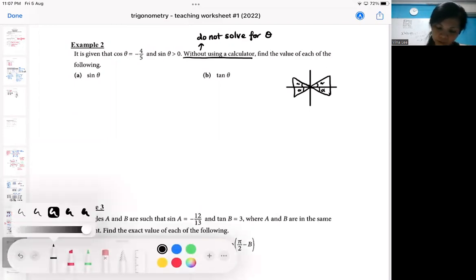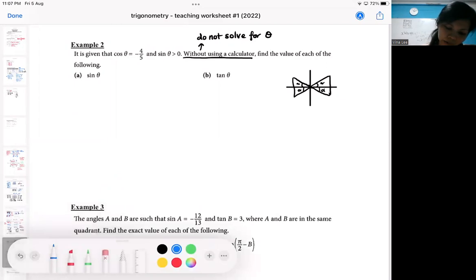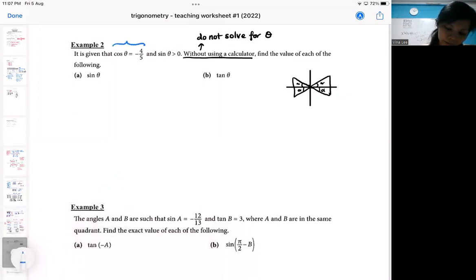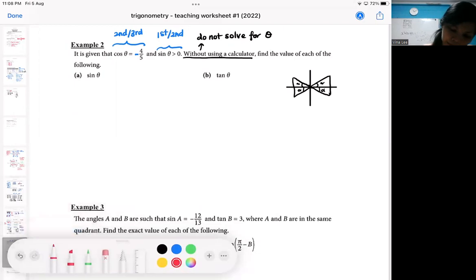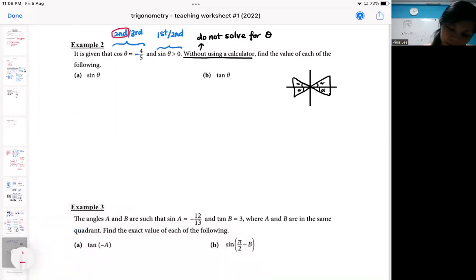So in this question, cosine is negative. Cosine is negative in the second and third. Sine is positive in the first and second. So my conclusion will be theta is in the second quadrant.